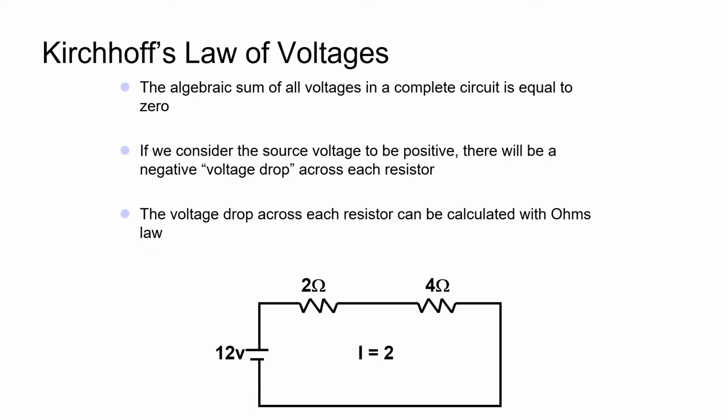Kirchhoff's law of voltages informs us that the sum of all of the voltage drops in a circuit is equal to 0. If we consider the source voltage to be positive, there will be a negative voltage drop across each resistor. The voltage drop across each resistor can be calculated with Ohm's law. If we have 2 amps of current flowing through a 4 ohm resistor, then 2 amps times 4 ohms equals 8 volts that must drop across that resistor.